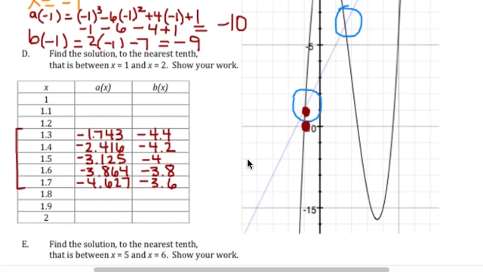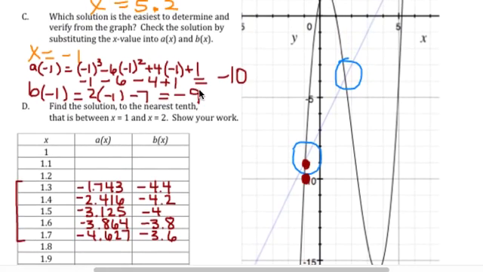My suggestion while you're plugging the numbers in is that you do like we did up here in part C, where you calculate each piece and then add or subtract.